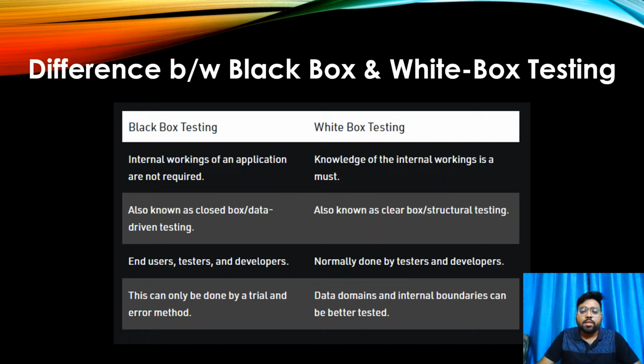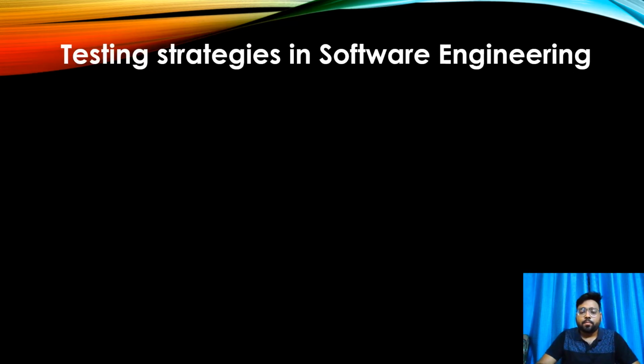In black box testing, end users, testers, and developers are involved. And in white box testing, normally it is done by the testers and developers, as you can see here. In black box testing, it is basically done only by a trial and error method. And in white box testing, data domains and internal boundaries can be better tested. So you can see the distinction between them.